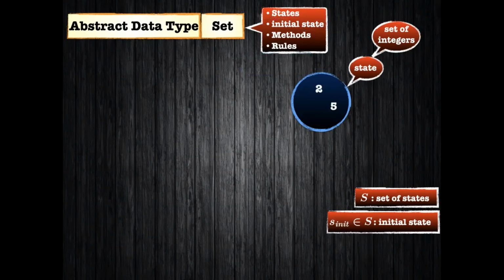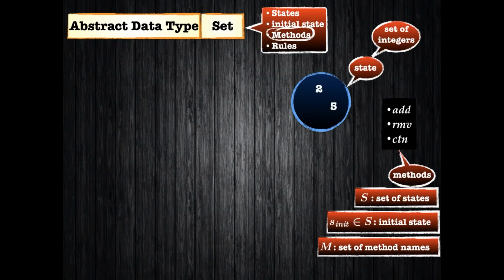The third one is the set of method names, M. In this particular abstract data type, we have 3 method names, operations if you wish, namely add, in which you try to add a new element to the set.